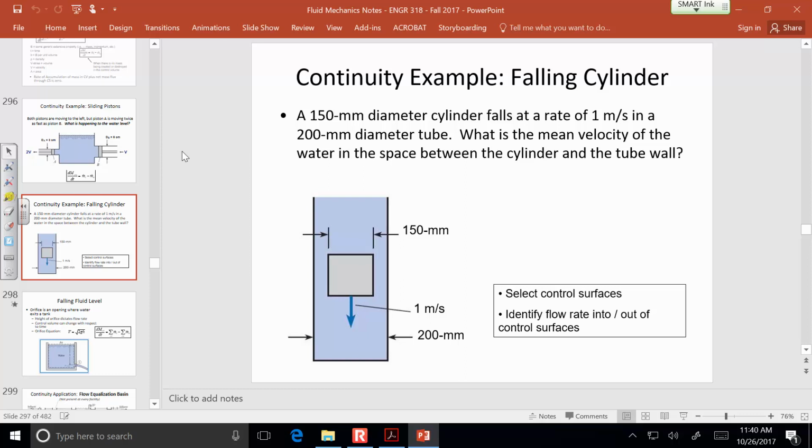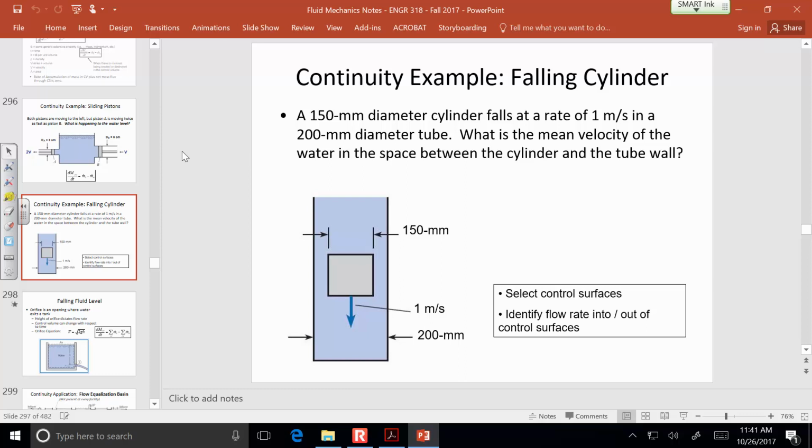So then the question is, we want to know the velocity of the water around the outside edge. So we know the velocity of the cylinder that's falling down, and you can calculate, therefore, the flow rate of water that's being displaced by that cylinder.